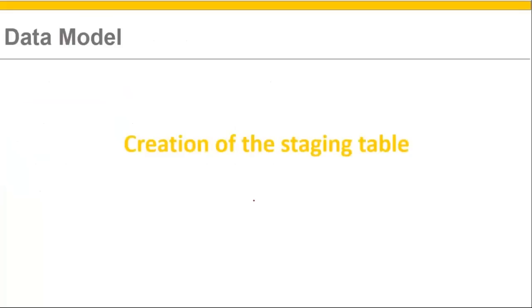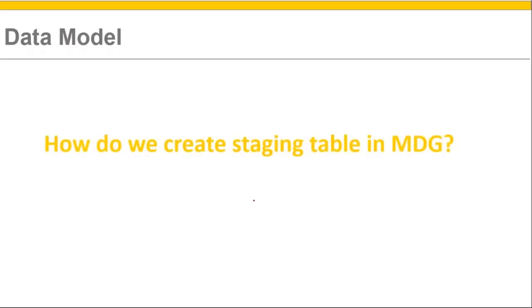Karthik, are these staging tables fixed? I mean to say, are there any transparent tables predefined for a particular function? No, these are not predefined. These are transparent tables. Then how do we create the staging table in MDG?